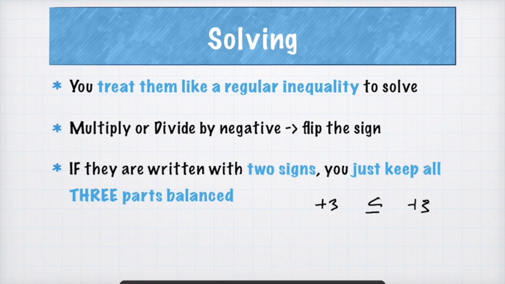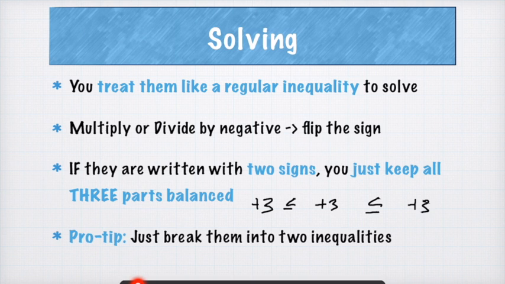Well, this time we're going to have to add 3 to all three sides so that everything is balanced. Here's my personal tip, and granted, this is how my brain works: it's easier just to break them into two inequalities than to try and keep the three parts balanced, especially when you have variables on both sides. It becomes really, really ugly, and it's easier just to break them into two inequalities.